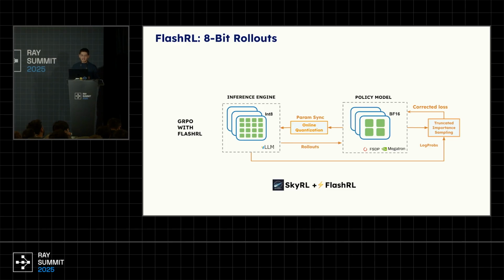And the FlashRL authors also showed that this is not enough because you'll have a mismatch in the log probabilities between the inference and the trainer. So you have a correction factor in the loss, which is this modified loss called truncated importance sampling that you use before updating policy model parameters. We've integrated both of these pieces into SkyRL so that you can try this out for the task you want to use.